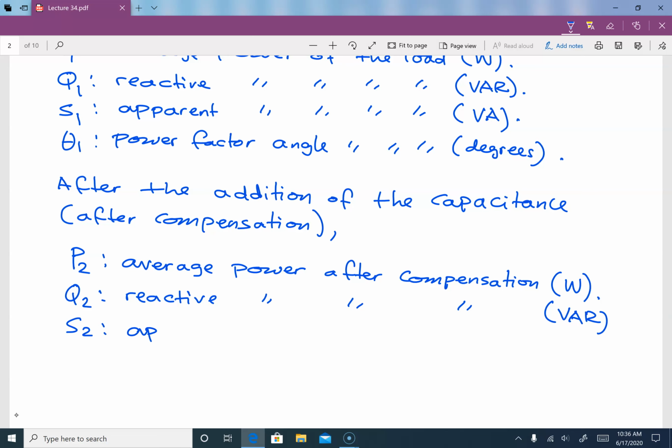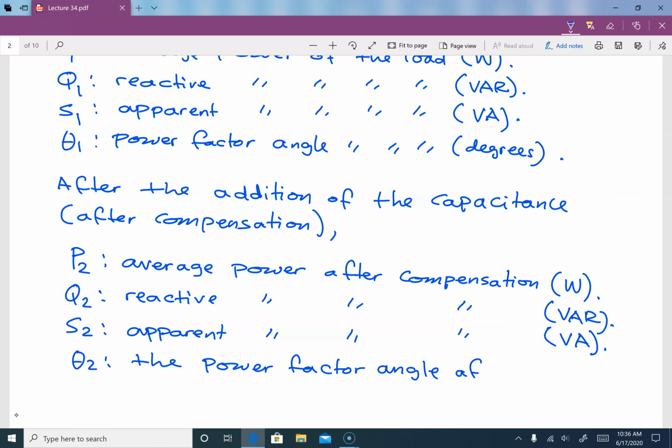S2 is apparent power after compensation, and that is in volt ampere. And theta 2, the power factor angle after compensation, and that is, of course, in degrees.